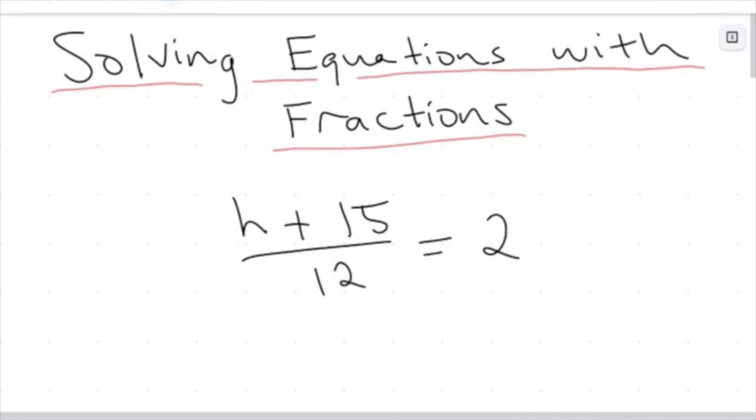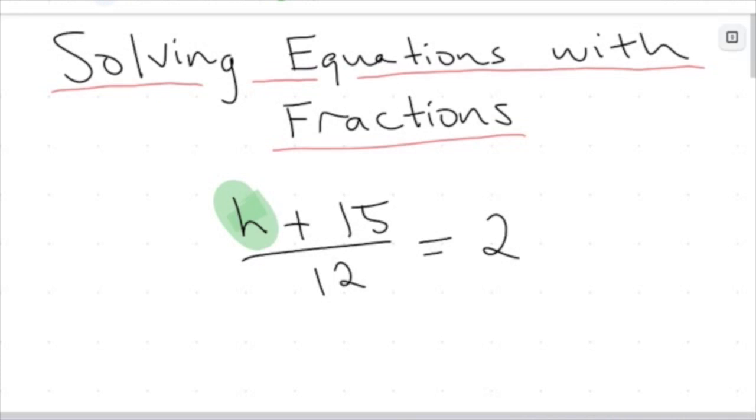Okay, so in this video, we are going to move on to solving equations with fractions. Now, I'm going to try not to talk too much on this because you should be able to see here, from thinking about when we talked about solving equations systematically and coming up with this system of looking at what's being done on the left side, what's the last thing we're doing to our unknown here.